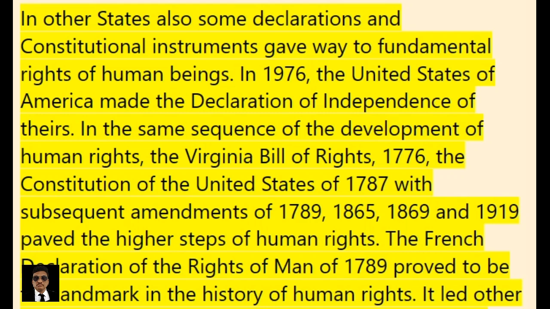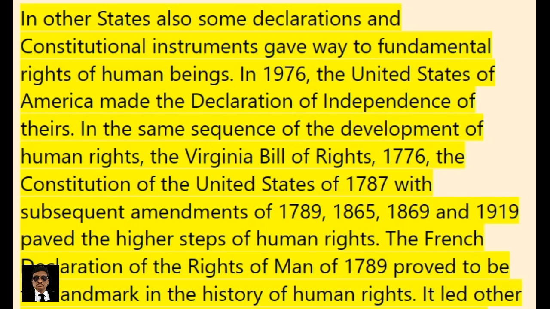In the same sequence of the development of human rights, the Virginia Bill of Rights, 1776, and the Constitution of the United States of 1787 with subsequent amendments of 1789, 1865, 1869 and 1919 paved the higher steps of human rights.